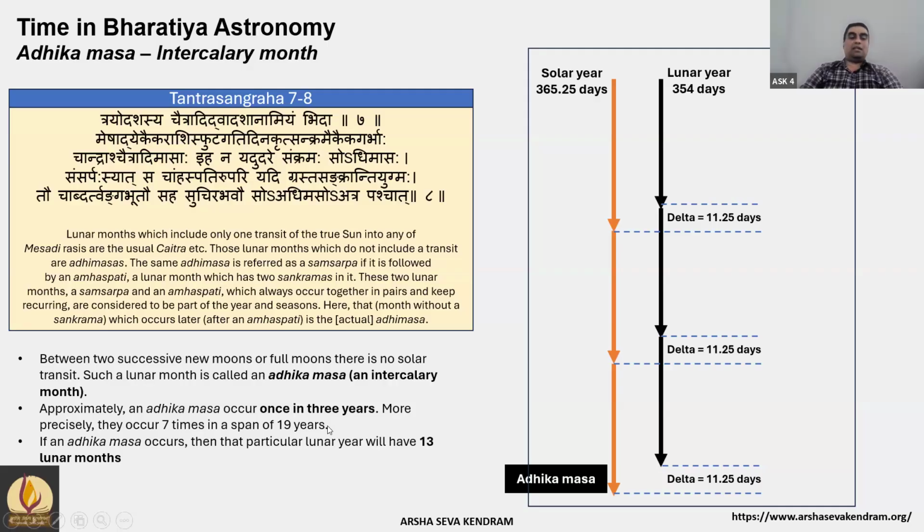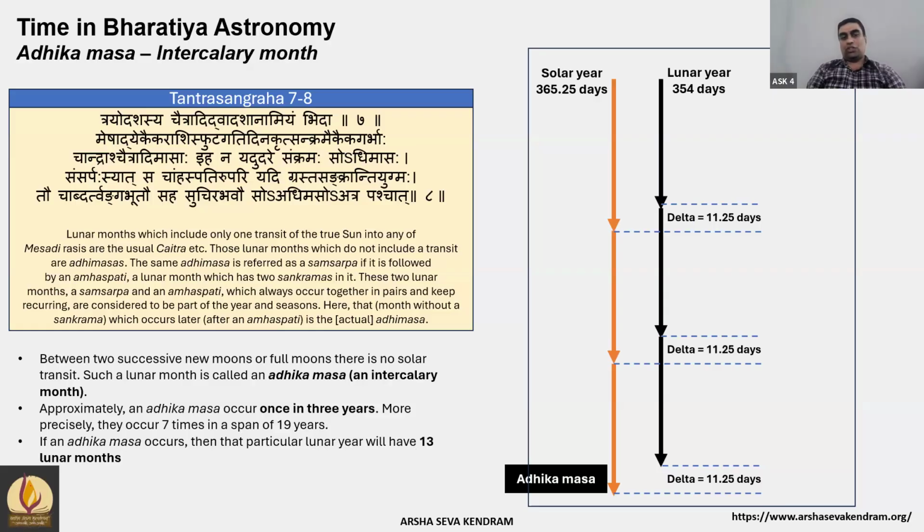And whenever there's an Adhika Masa, that particular Samvatsara, the lunar year, will have 13 lunar months. The last time this happened was in 2023. And one of the assignment questions that I will request is to calculate the next Adhika Masa, when it will happen and why it is an Adhika Masa.